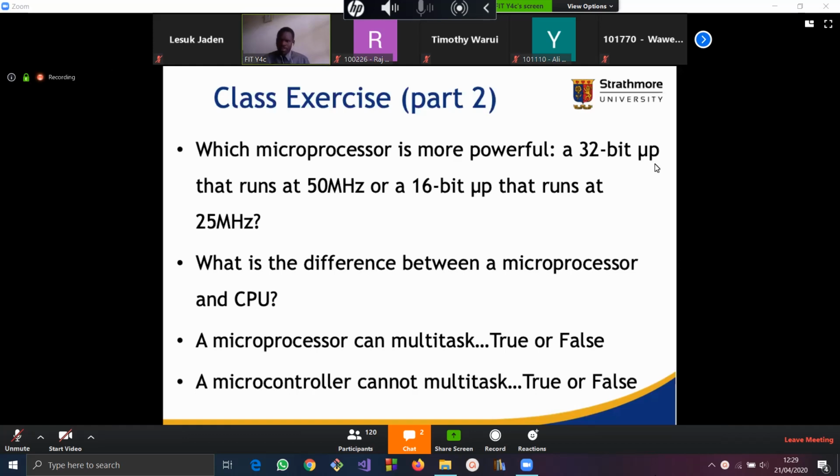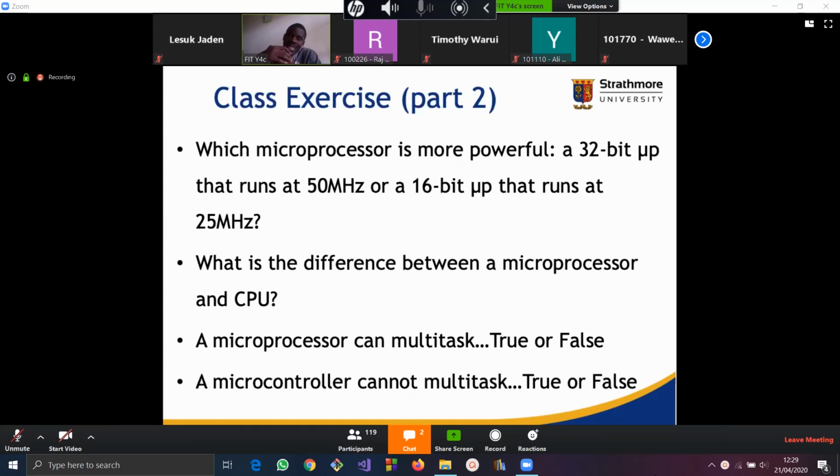Which one is faster? This goes back to the first slides that I was explaining. You remember there were three things you needed to consider: instruction set, bandwidth, and clock cycle. Here you have the bandwidth: one is 32 bits, the other is 16 bits. You also have the clock cycle: one is 50 megahertz, the other is 25 megahertz.